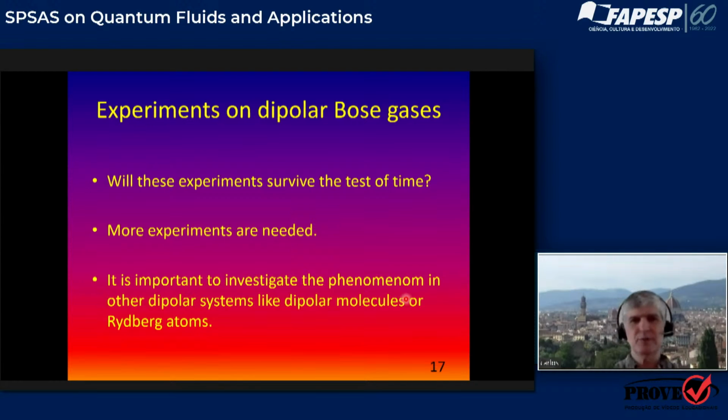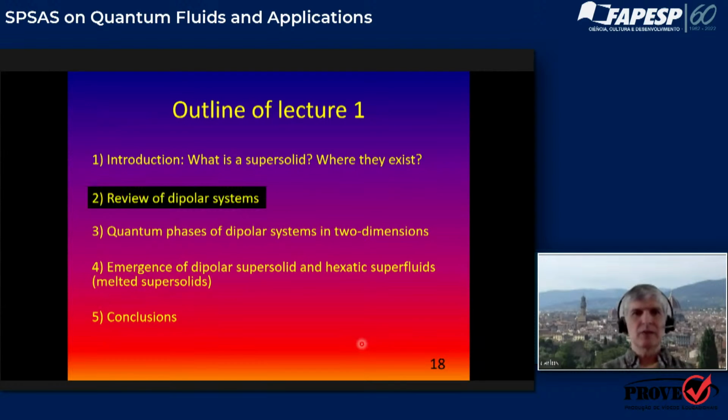More experiments are needed, but it's important to investigate also this phenomenon in dipolar molecules and Rydberg atoms, which are around the corner, and then we can see in various systems if those phases exist. But right now, there's a lot of excitement, it's a very important question, and the experimental achievement has been really amazing. So let me review briefly what dipolar systems are.